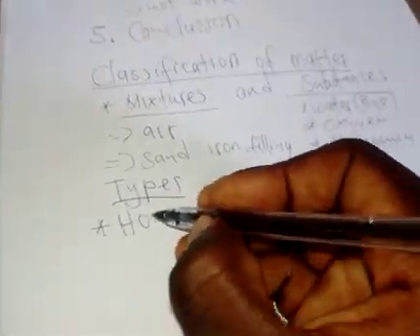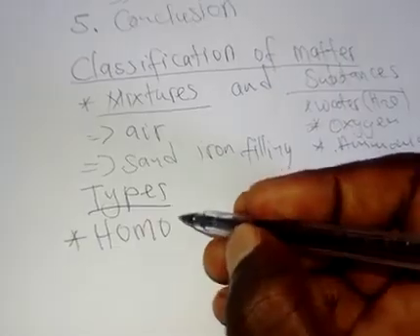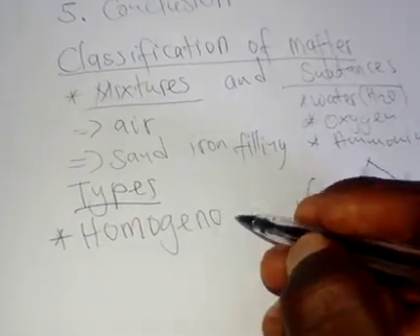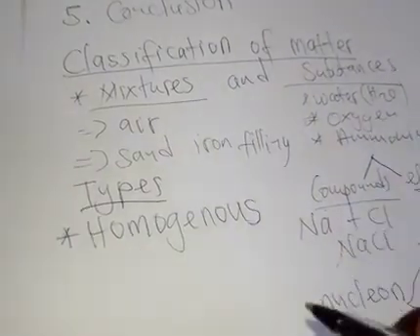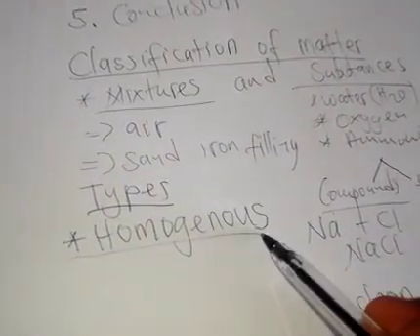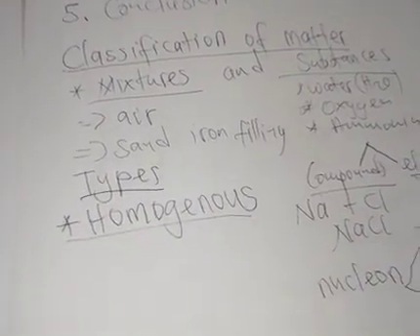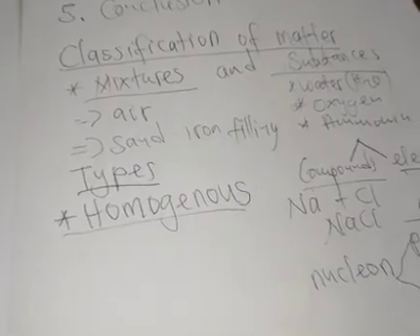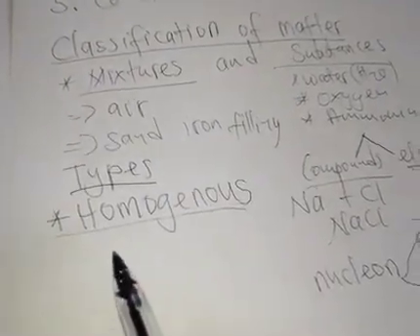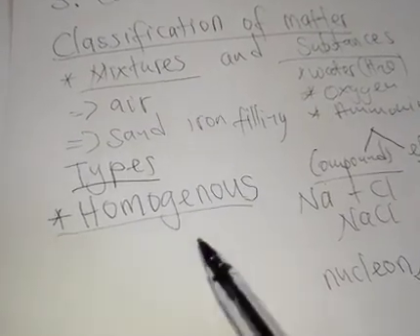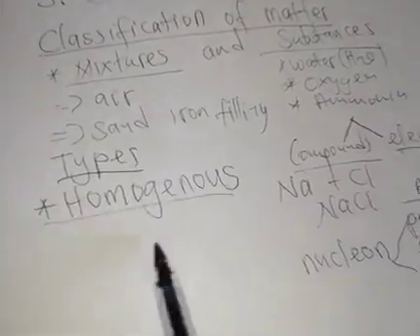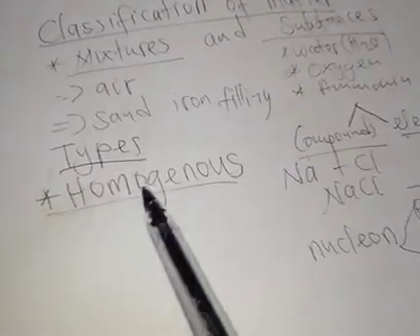So we have homogeneous mixture. What is this homogeneous mixture? In a homogeneous mixture, the composition is the same throughout. So the composition of substances in a homogeneous mixture is uniform.